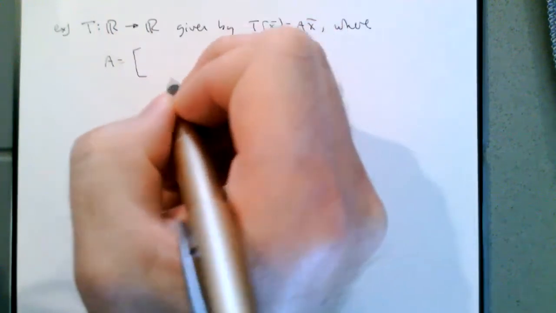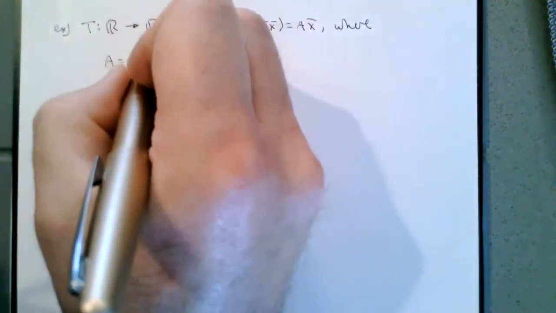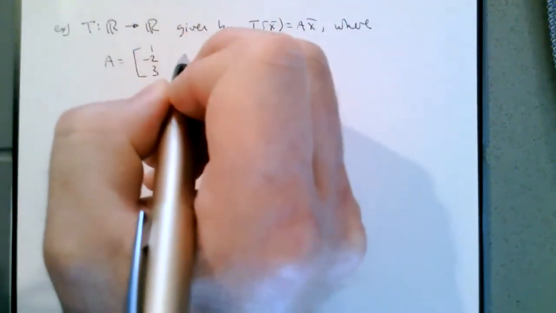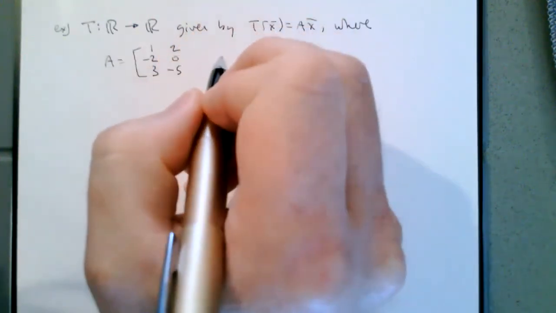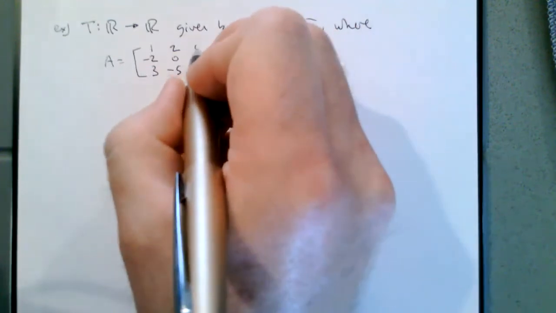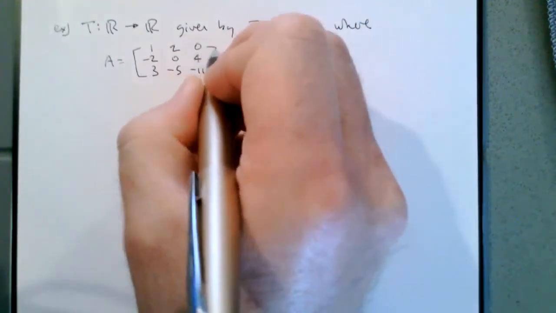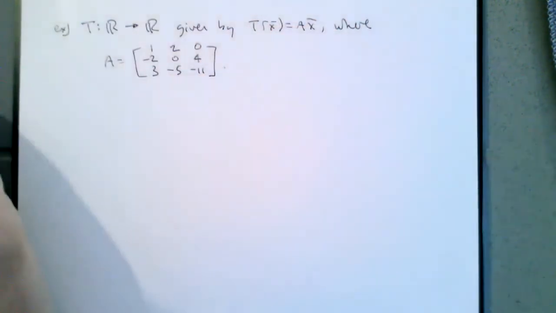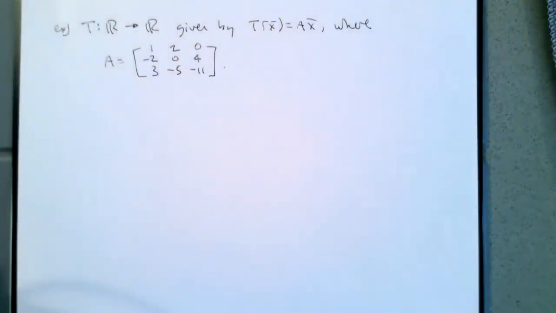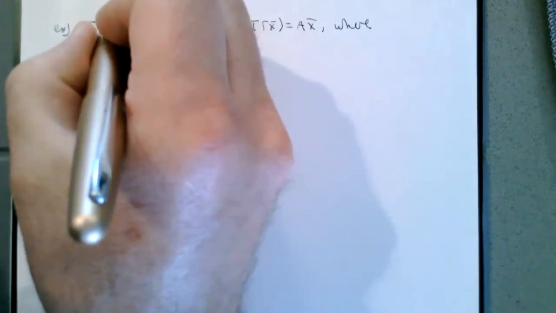A is going to be 1, negative 2, 3, 2, 0, negative 5, 0, 4, negative 11. So A is a 3 by 3 matrix. So that means T maps R3 to R3.